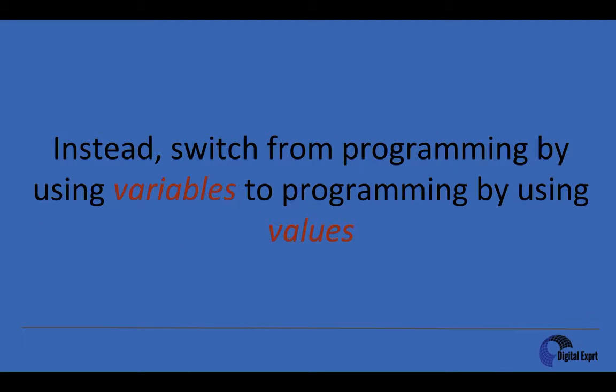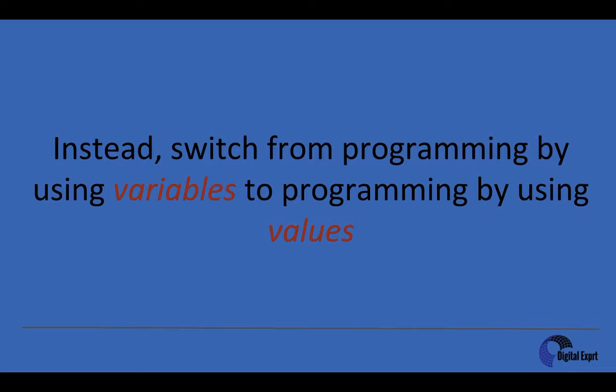So when we get to that point, we need to switch from programming by using variables. Variables are bad. Switch over to programming by using values. When we say let, we are defining a value. When we say var, we are defining a variable.